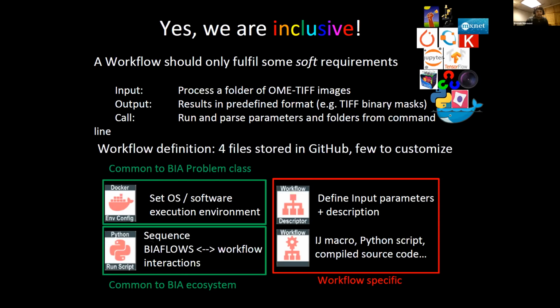And then there is a Python file that we call a wrapper that will sequence the various steps of the execution. It will connect to BIAflows, download the images, then run your workflow, analyze the result, and upload the result and the metrics to BIAflows. But really, because we use Docker, there's no restriction on the version or on the platform you want to use, as long as you can create a Docker image that contains all the dependencies, you're good to go with BIAflows.